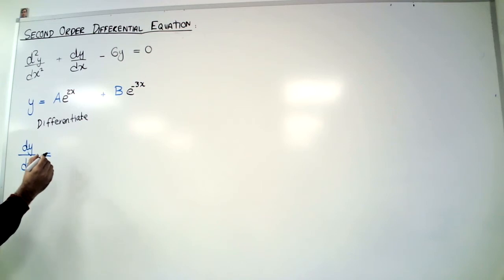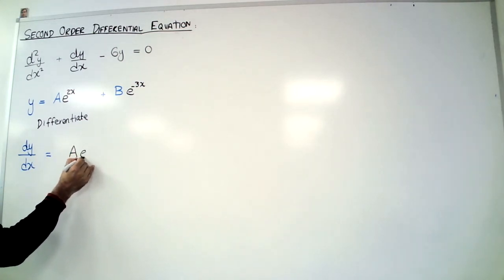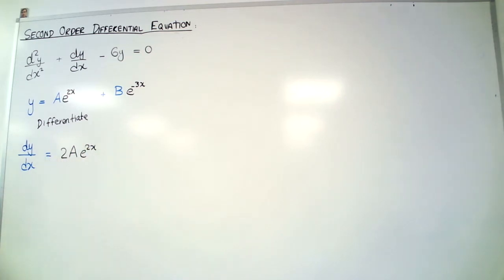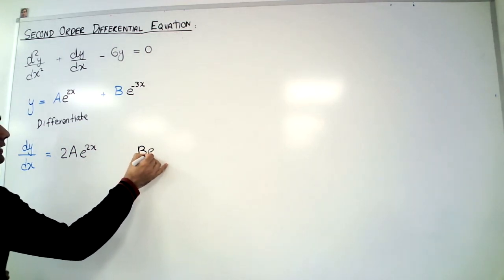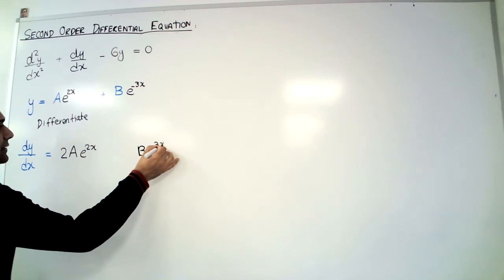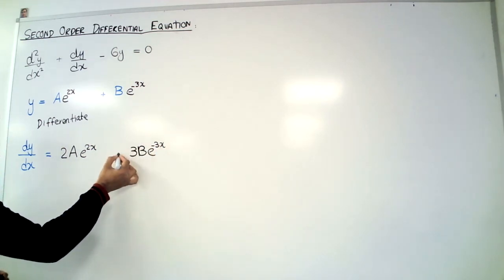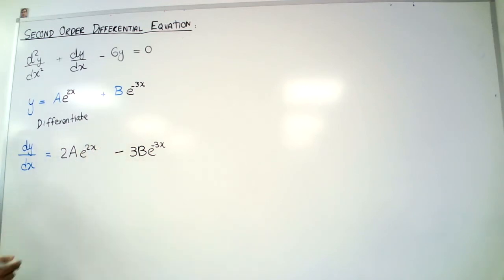So that side will become A e to the 2x, and the 2 will appear here. And that will become B e to the minus 3x, and a 3 will appear here. But because it's minus 3, that will change it to a minus. So this goes from positive to negative.